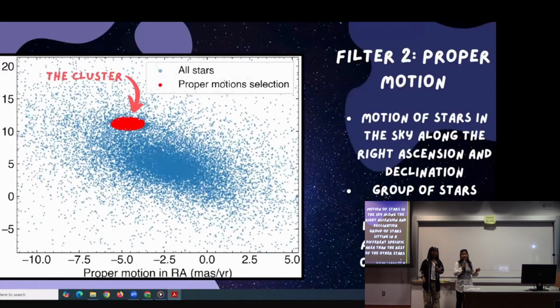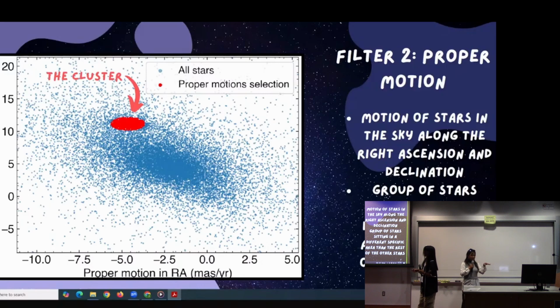Okay. Our second filter is proper motion. What is proper motion? Proper motion is the motion of stars in the sky along the right ascension and declination. As you can see in our graph right here, our x-axis has proper motion in right ascension, in milliarcseconds per year, and in our y-axis, we have proper motion in declination, in milliarcseconds per year.